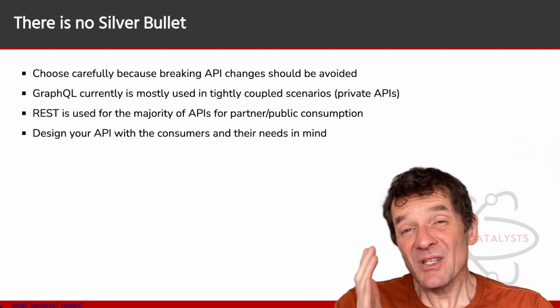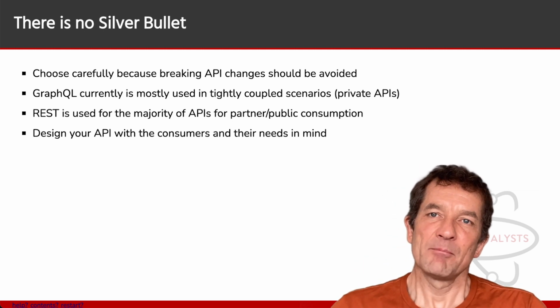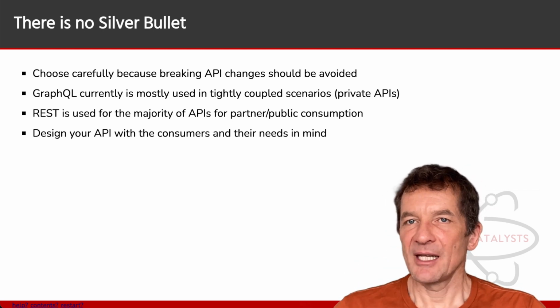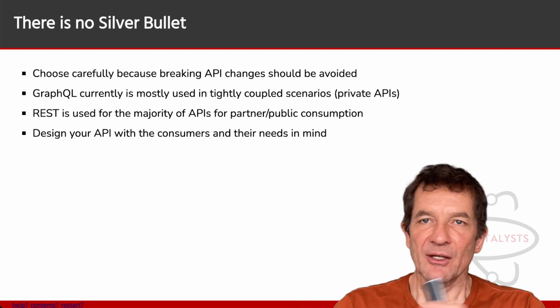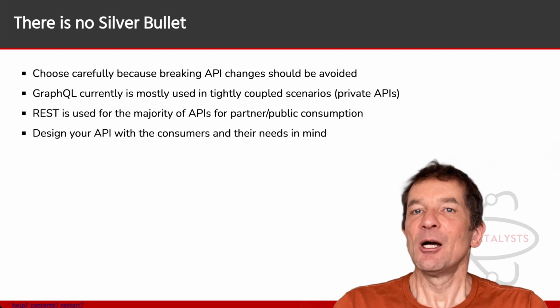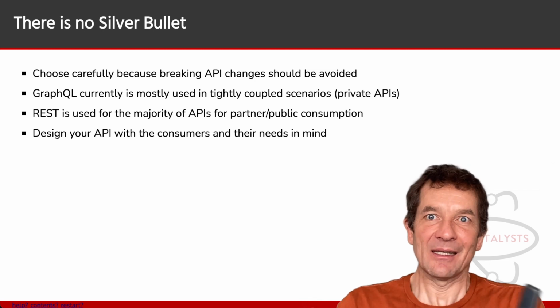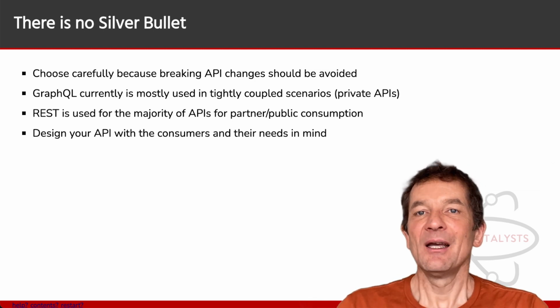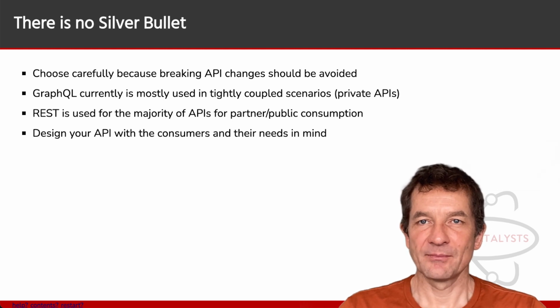In most cases, when it comes to partners and public, then people choose REST APIs. Some people say that's not good, or that's just old school and we should change all of this. But this is the reality of what happens in organizations right now. And I think that is at least an interesting data point to consider.